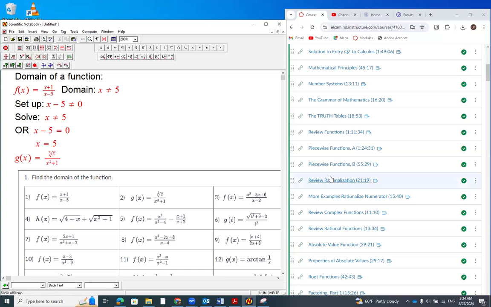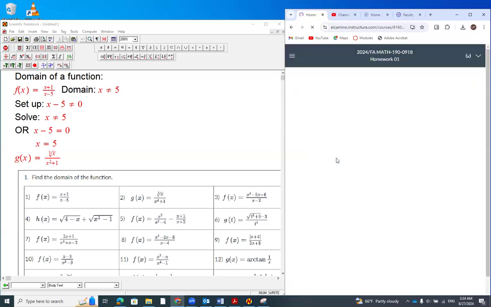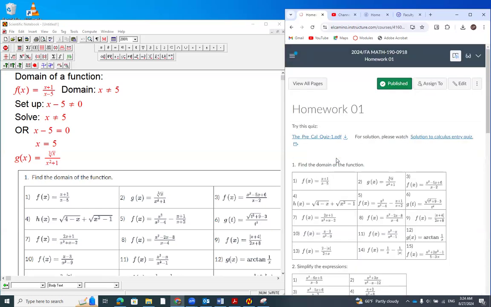Let me double check. Oh, I should wear my glasses. x squared plus 1.